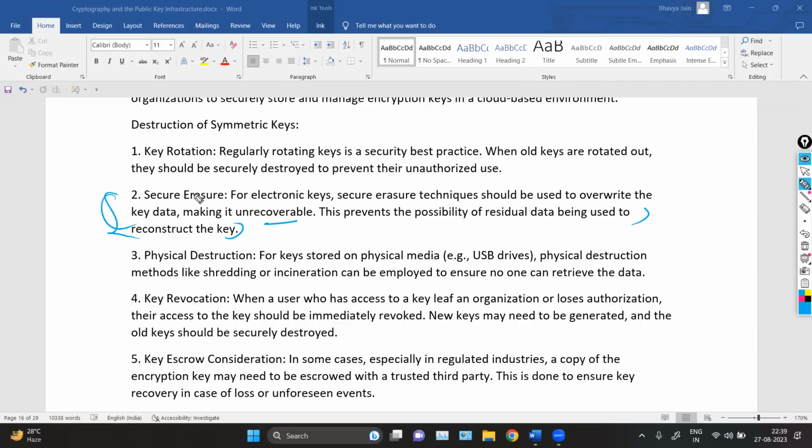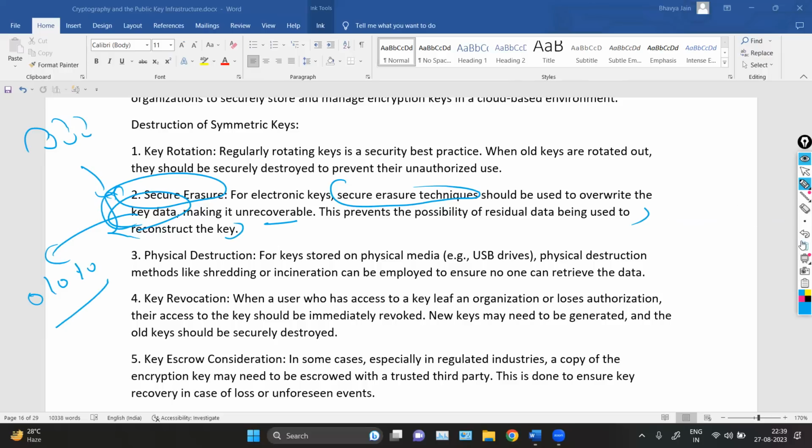Secure eraser is the thing that I'm talking about, which is like you are deleting the data again and again, where you are using secure eraser techniques to delete or overwrite the binaries or the key data. Key data is what? Binaries only. At the base level, we have binaries only, and we are making it unrecoverable.